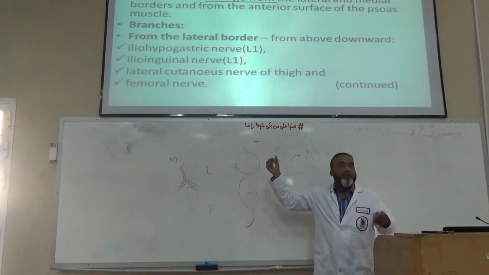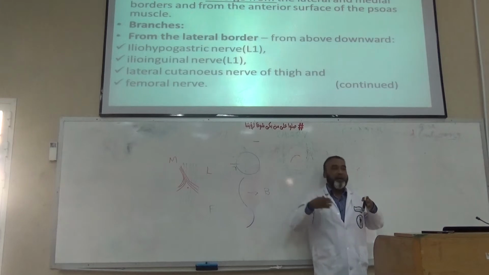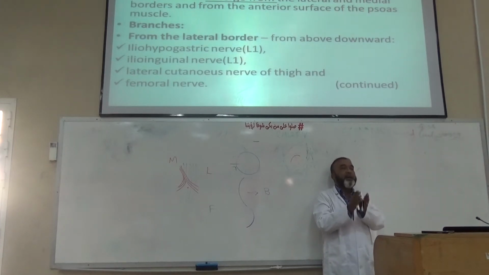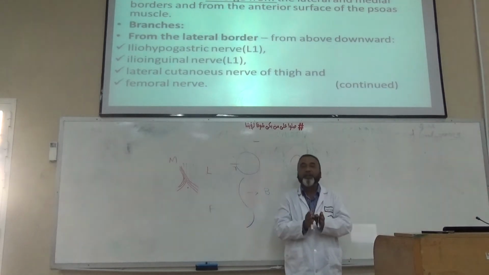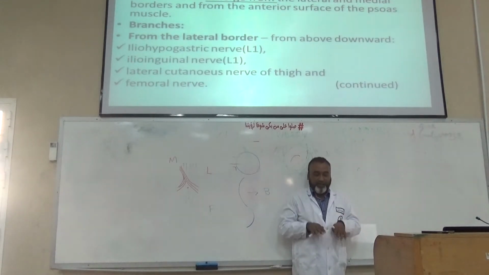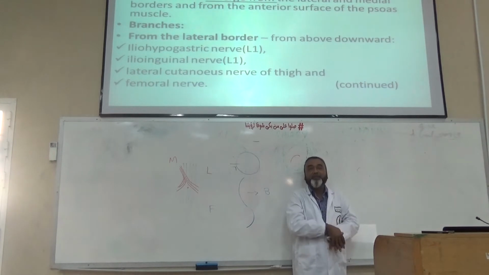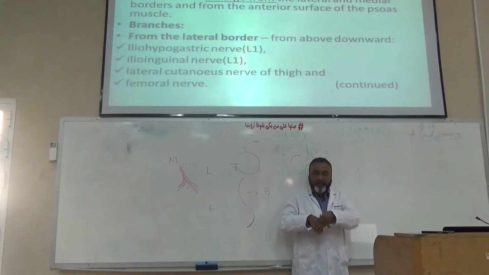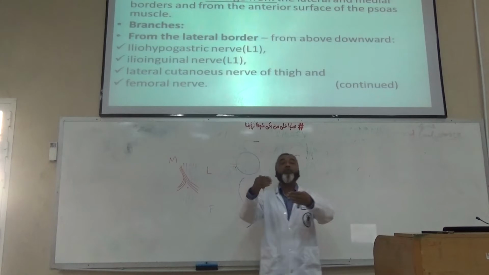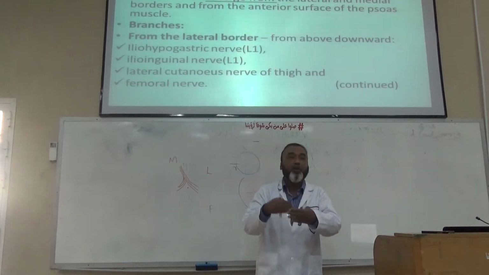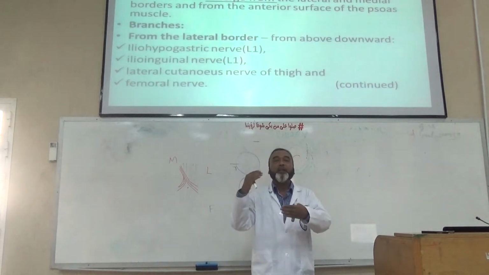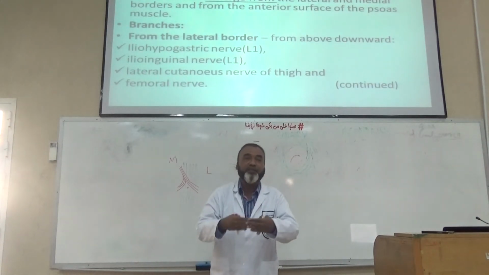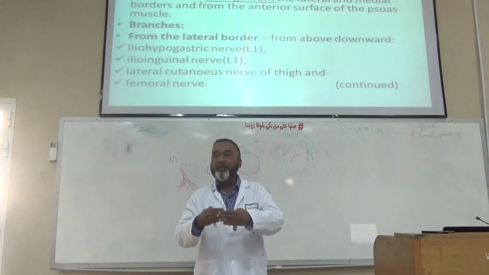Is it clear? After the lumbar plexus nerves come out from the anterior side of the intervertebral foramina, on each side they have the psoas muscle. They enter, or you can say they are formed within the substance of the psoas major muscle. In the books it is also written that the lumbar plexus is formed within the substance of the psoas major.